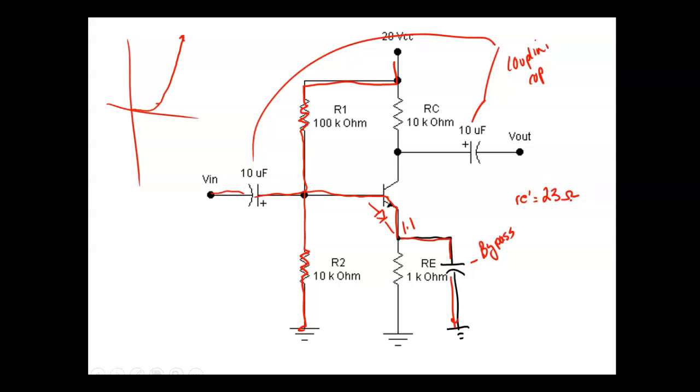So my gain, if we bypass that thing, right now let's just use 10K, 10K over 23 ohms. So 435? Okay.